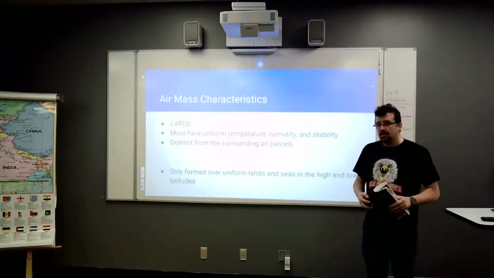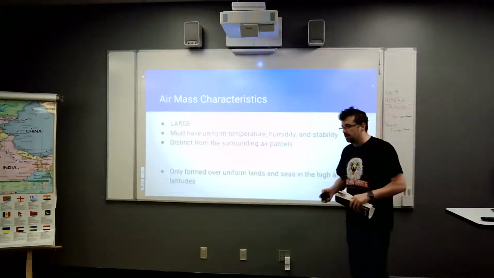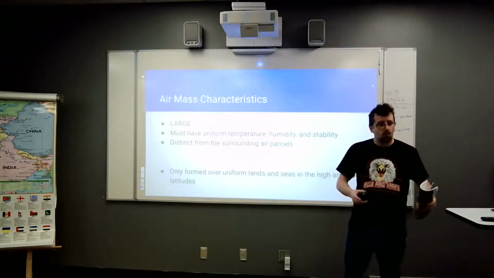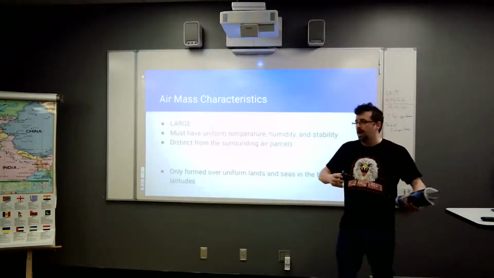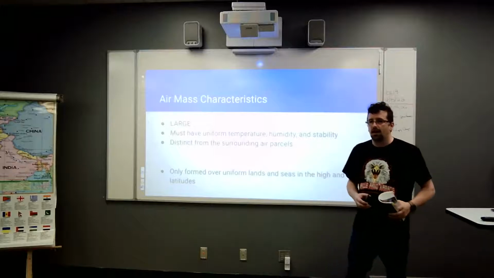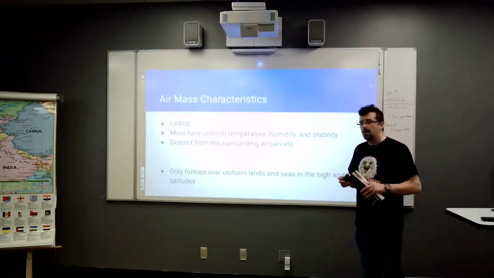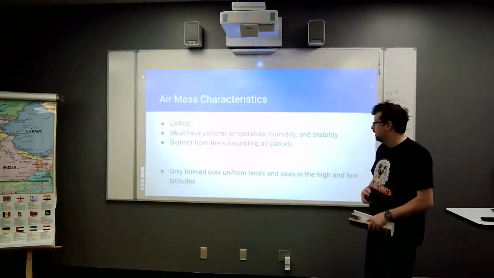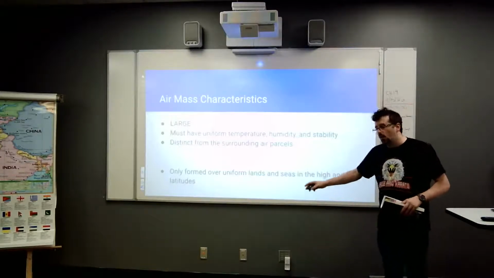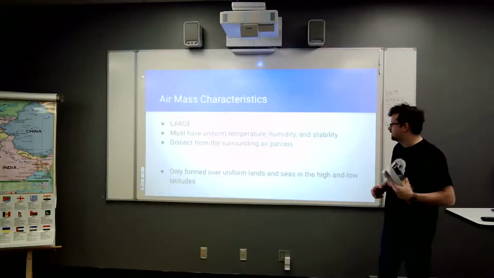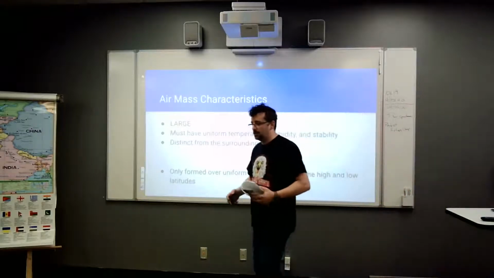And we are talking about air masses. So they are distinct from surrounding air parcels, which means that if you are in one air mass, but then let's say you travel a certain direction, you will go over to another air mass, and they will be completely different. You will be able to have marked differences between them. And they are typically only formed over uniform lands and seas in high and low latitudes.